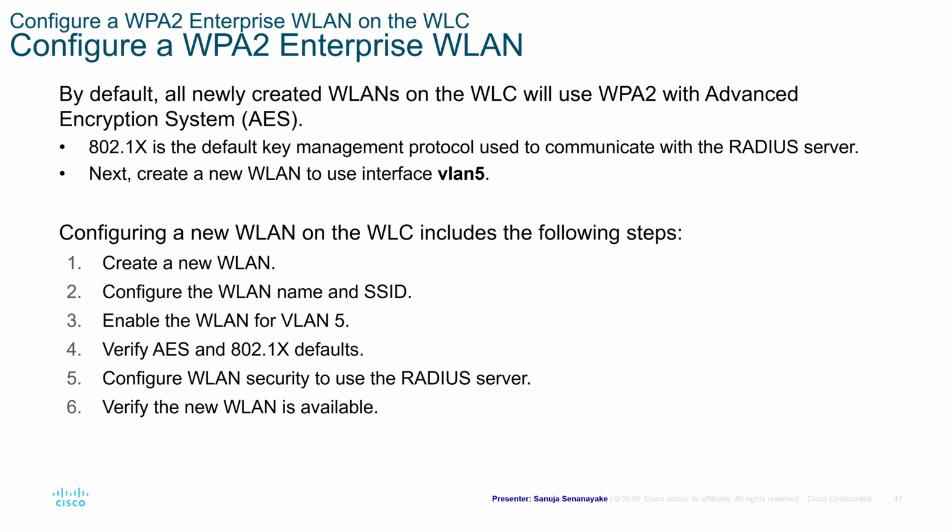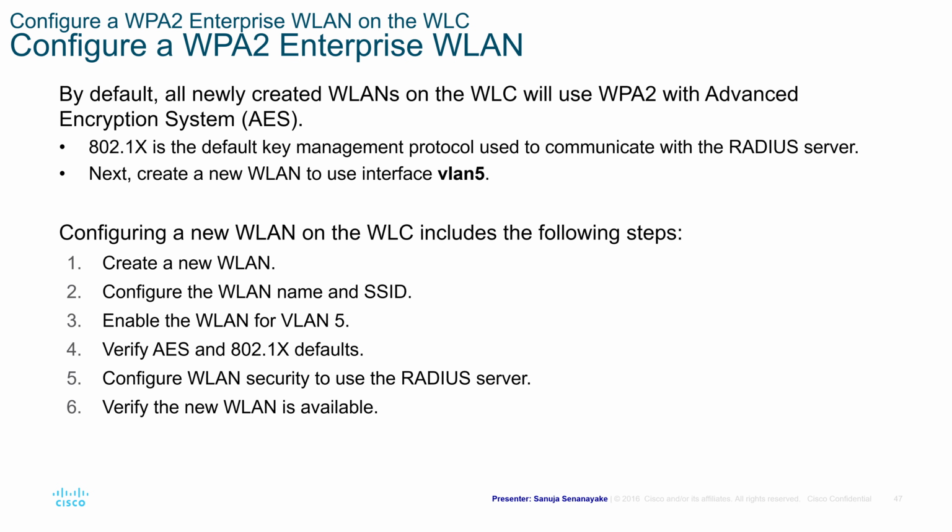Configure a WPA2 Enterprise WLAN. By default, all newly created WLANs on the WLC will use WPA2 with the Advanced Encryption Standard, also known as AES. 802.1x is the default key management protocol used to communicate with the RADIUS server.